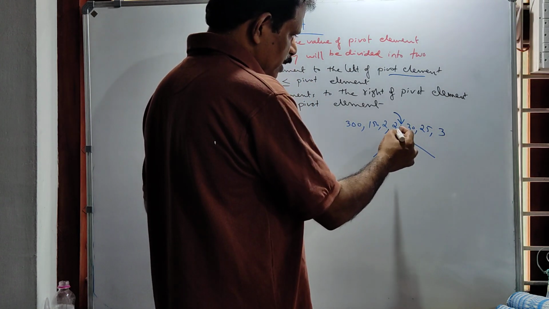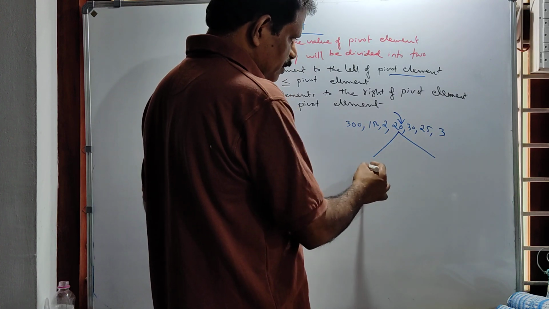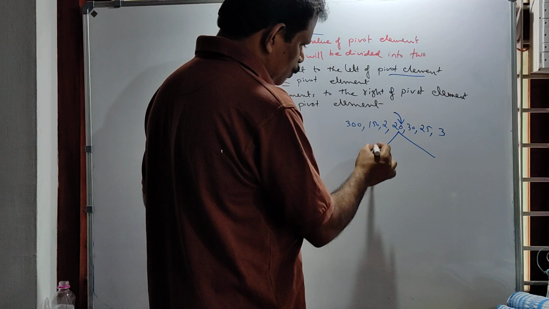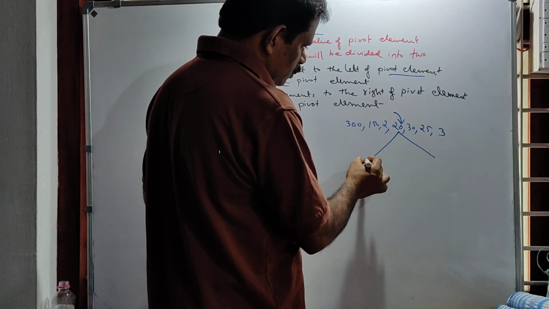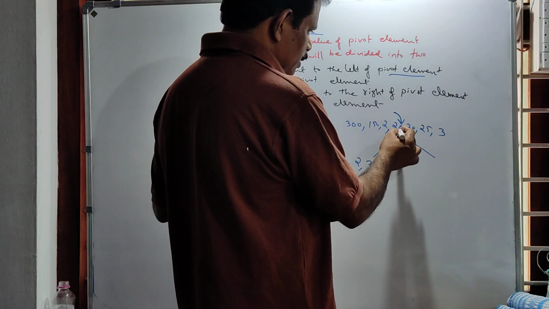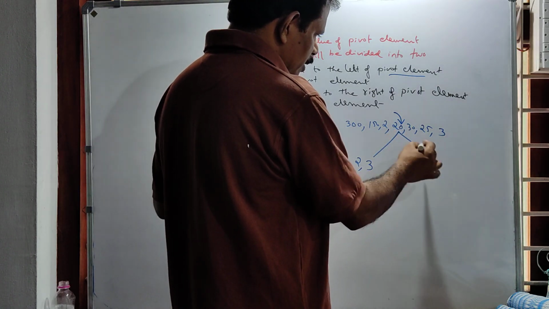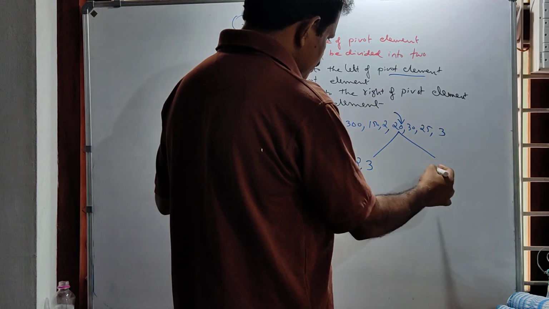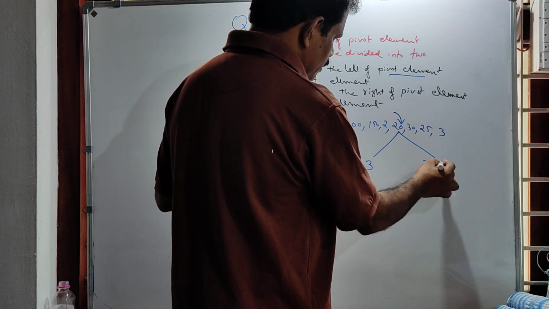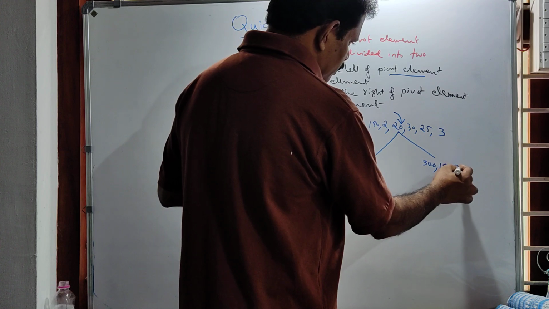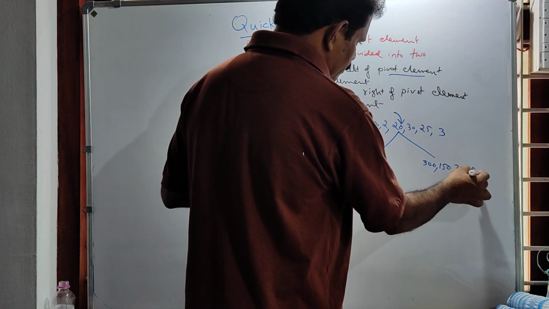All the elements less than or equal to 20 will be on the left subtree. They are 2, then 3. These are the elements less than or equal to 20, and all the elements greater than or equal to 20 are gathered on the right subtree, that is 300, 150, 30, 25.